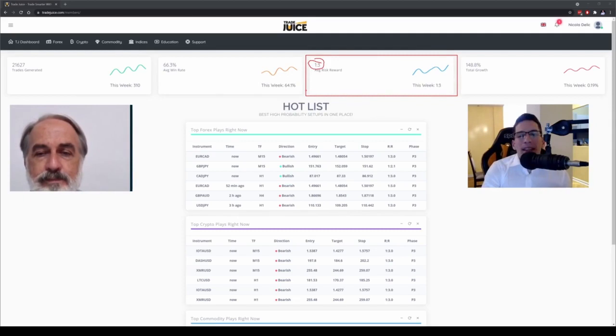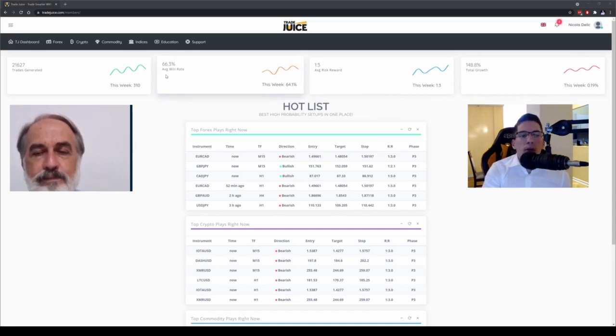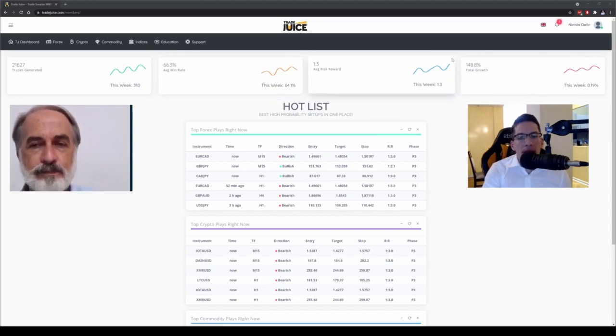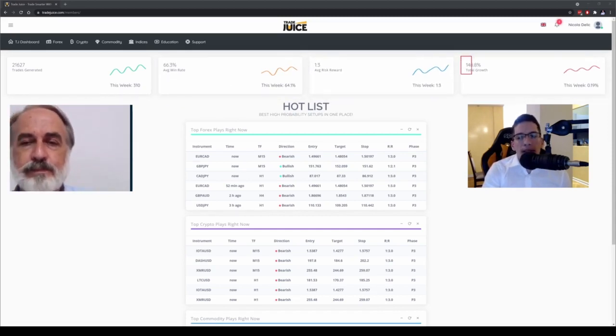We can easily go higher, but we decided that at the end of the day, 1 to 3 is the risk reward that is more than enough, especially with the win rate that we have, to make sure that our clients are in profit. And the final part is the total growth.